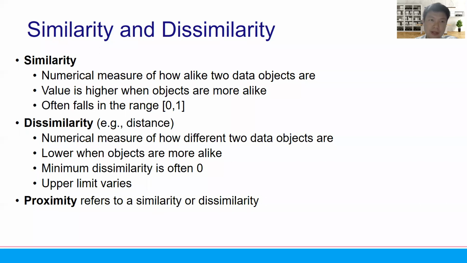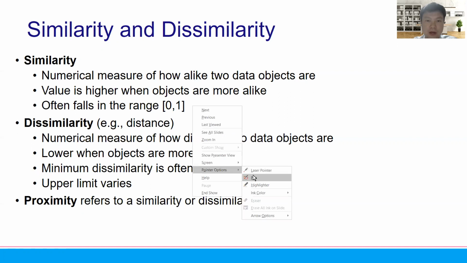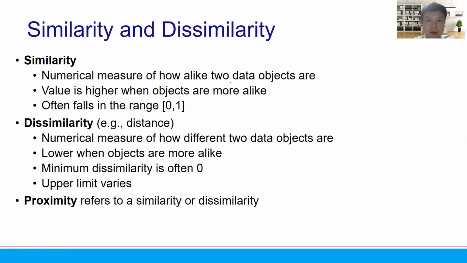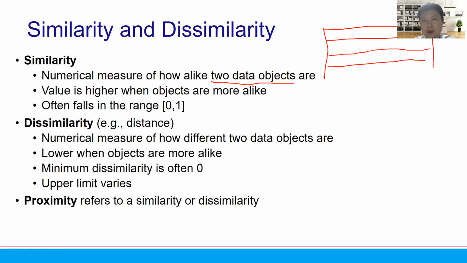The similarity refers to a numerical measure of how alike two data objects are. When you are dealing with data objects, if you still remember, if you have a table, the column means the attributes and the row means the object.